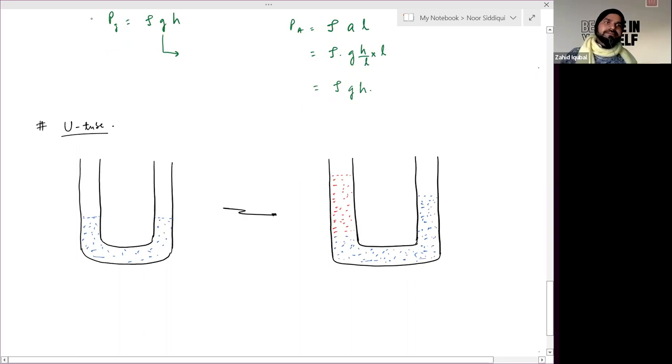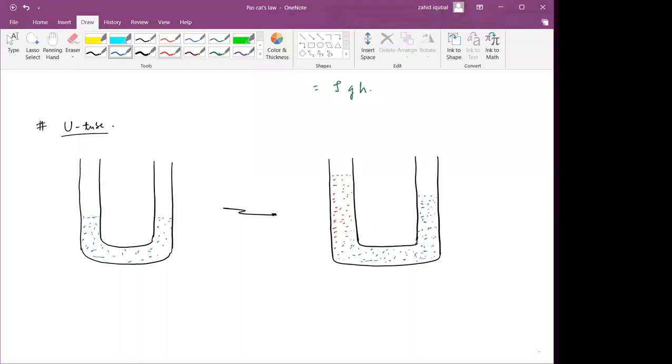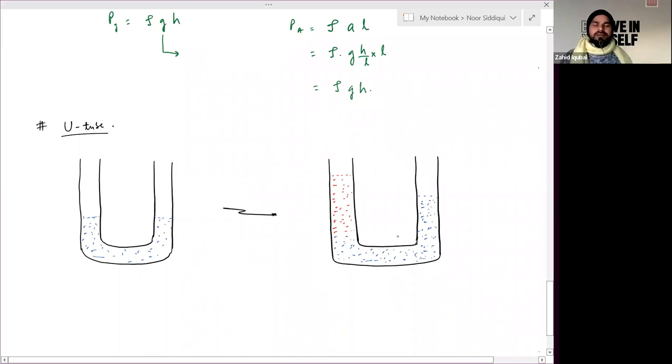Noor, is it clear? Yes, sir. Now you have to calculate height, density, pressure, and so on. So at the lowest junction, draw a horizontal line passing through this towards each arm. The height of the column of liquid in this part is H1, and in this part it will be H2.